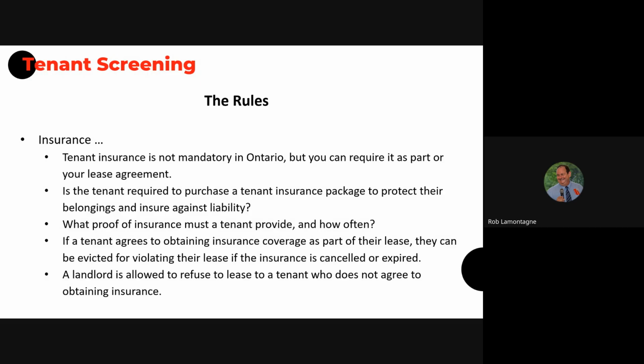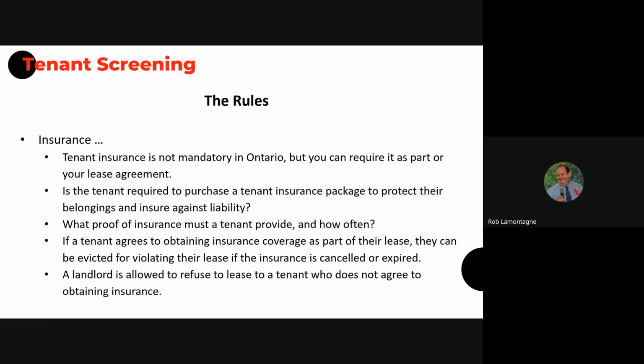So it was only about a year ago that I became aware that a landlord could actually request that and have it done. But a landlord can request as part of the insurance and say that the tenant agrees to put the landlord on the insurance policy as an insured party, so that the landlord will be notified of all changes to the insurance. And a landlord is allowed to refuse to lease to a tenant who does not agree to obtaining insurance.